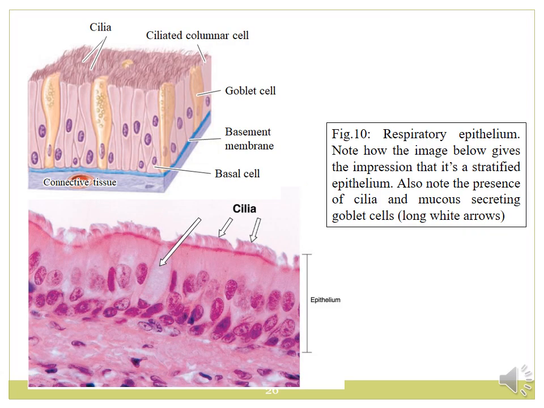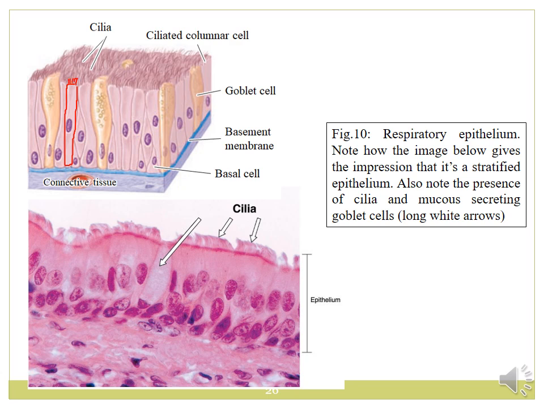If we look at these two images of the respiratory epithelium, we see we have several types of cells, but not all of them reach the surface. We have these cells. These are the columnar cells. These are the most common cells in this type of epithelium. This is why it's called pseudostratified columnar epithelium, and because it is covered by cilia, it is called ciliated epithelium.